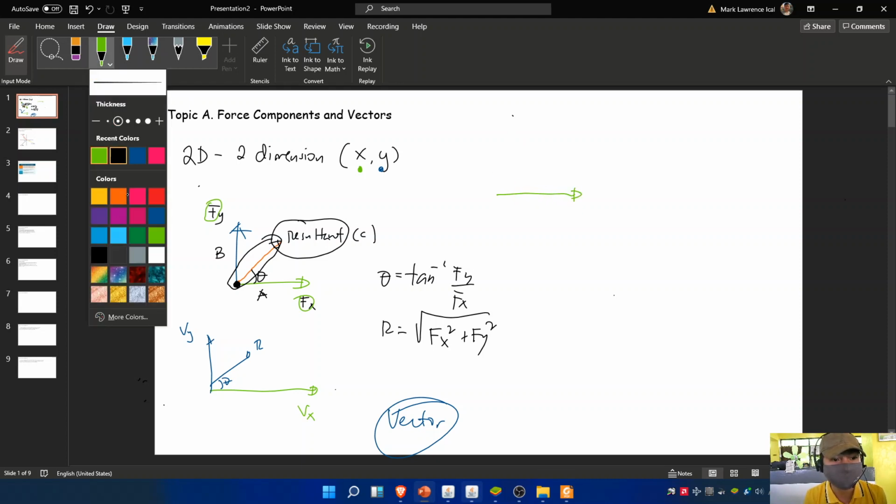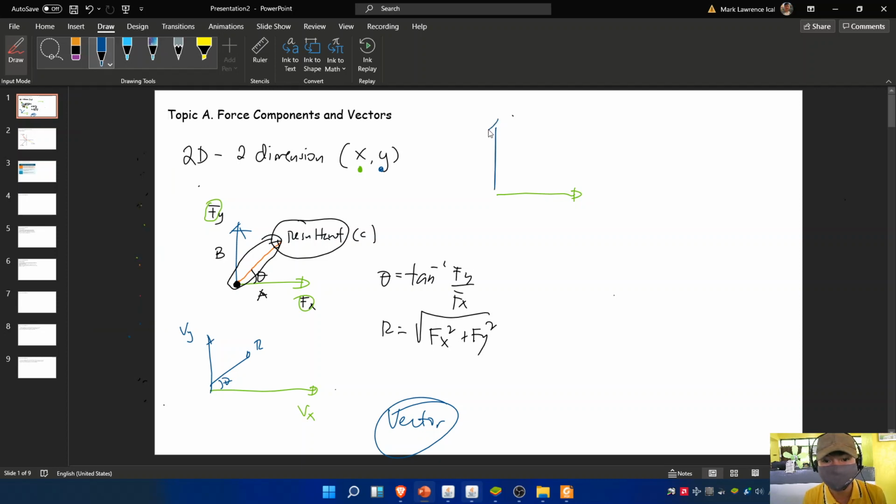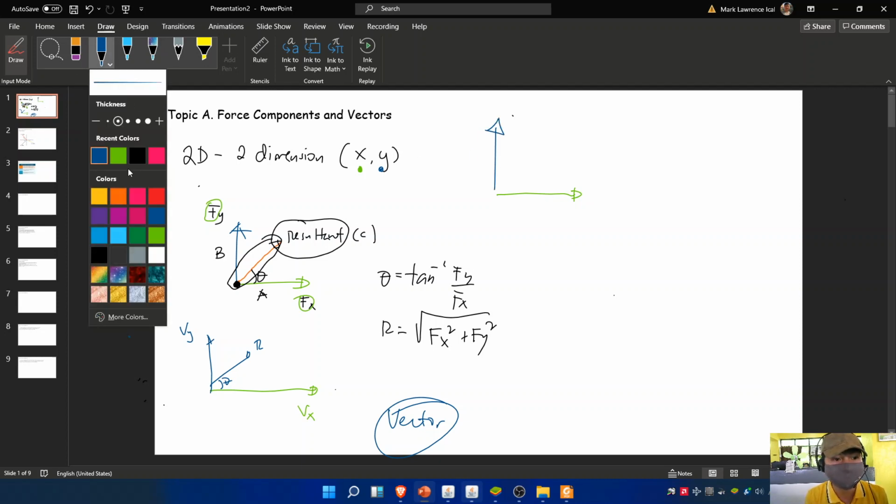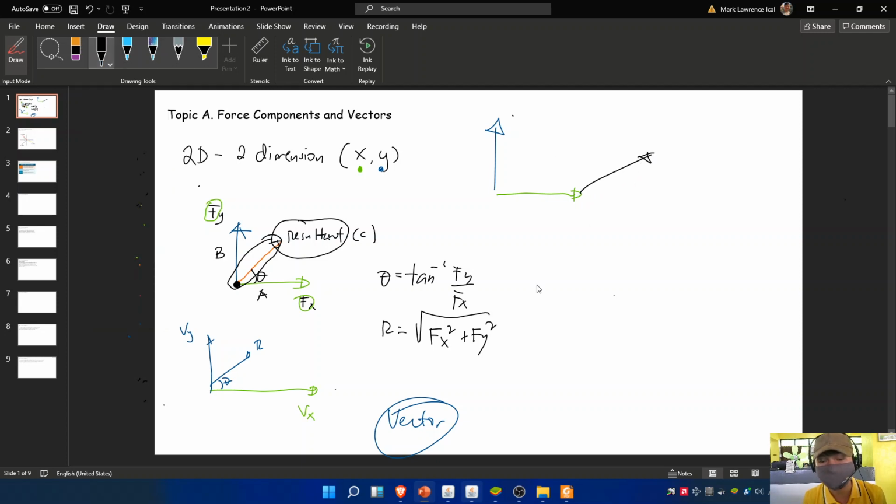And we have, okay, we have blue. And we have another line. Let's say, this one. Okay. So, gawa natin ng kwento ha. For example, ito yung box. Okay, so example lang yung box.